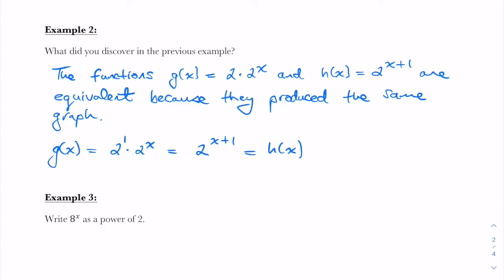But this actually leads to something else I'd like you to recognize. What type of transformation are we doing in the function g of x? So here we have an a value of 2. That means vertically stretch the parent function by a factor of 2, and then consider h of x.